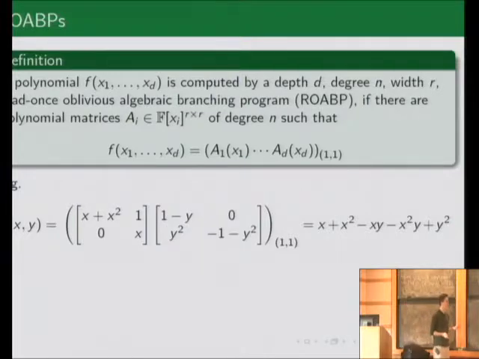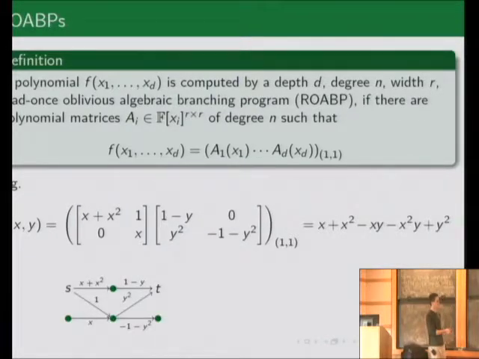For people who are more accustomed to branching programs as graphs, this does correspond to a graph. It's a layered directed acyclic graph, where the way this graph computes is that you look at all s-t paths, and the reason that s and t are distinguished is because we're taking the 1-1 entry. You look at all s-t paths, and you sum the weights of these paths. The weight of a path is just the product of the weights on the edges.